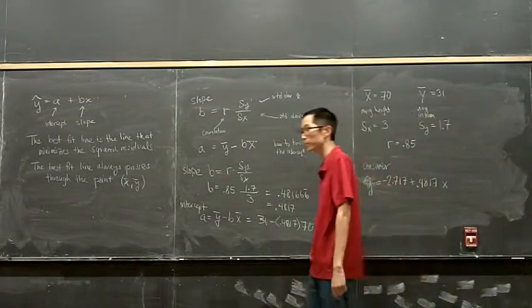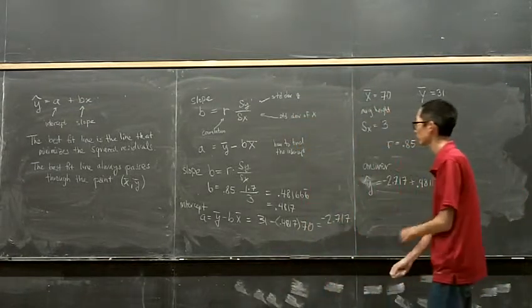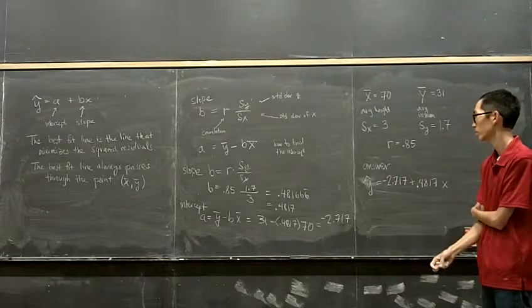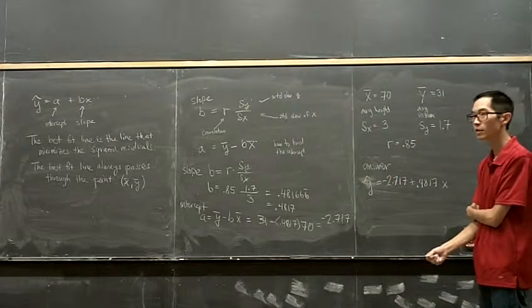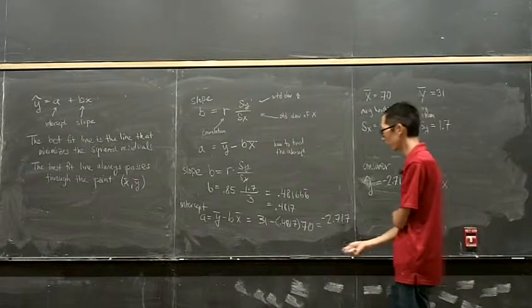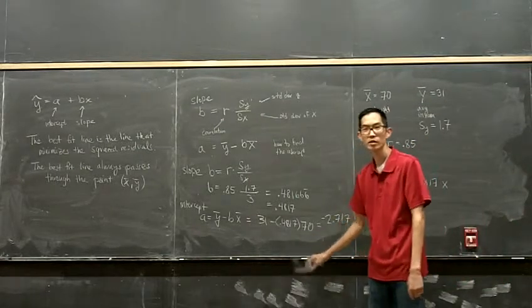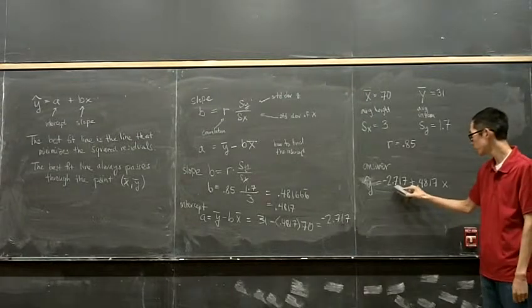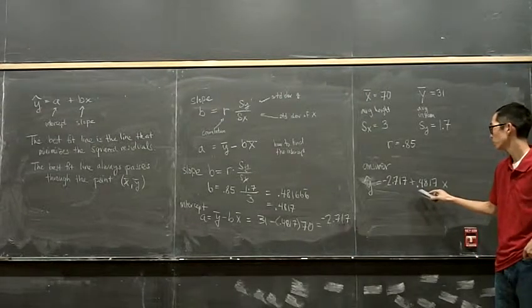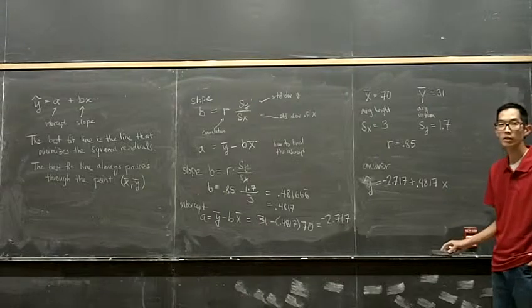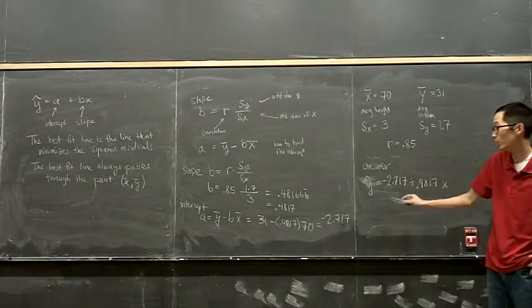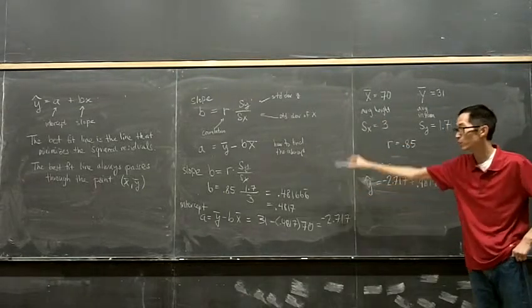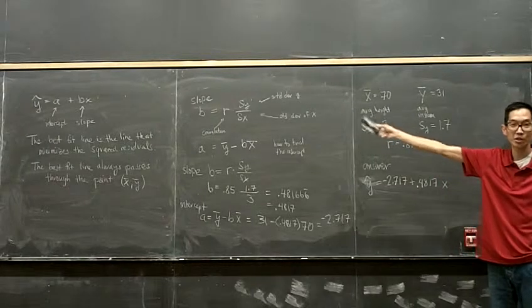Yes, we have a question. Right over there where the slope is b equals r, is that a times, that little dot? Yeah, that's a times. Negative 2.717 plus 0.4817 x, because all I'm doing is plugging in the values I got for the intercept and slope into the equation for a line.